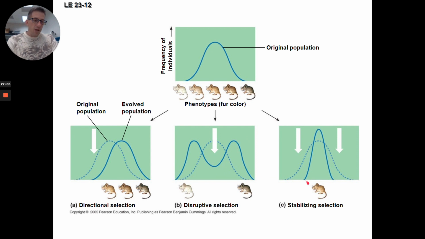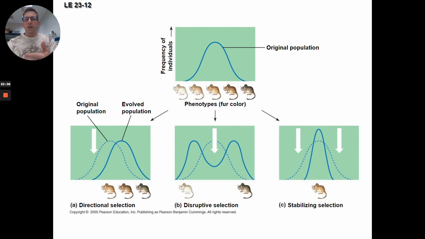Whereas stabilizing selection is just the complete opposite, where some kind of selective pressure eats the ones at the extreme, and it leaves only the ones alive that are in the middle. And as a result, they get to reproduce more often. So there are different modes of natural selection in a population, and these modes of selection work on the different variations that you see within a population.